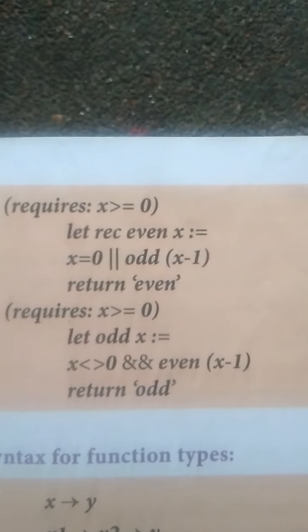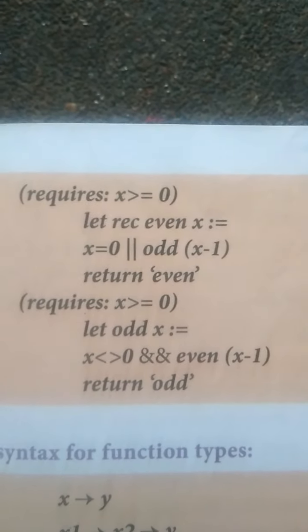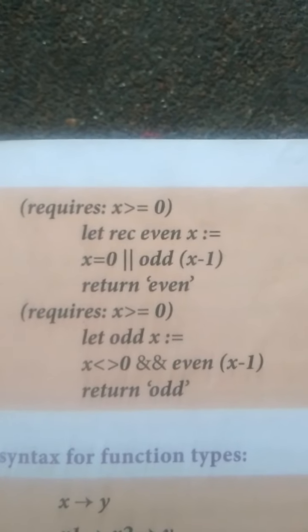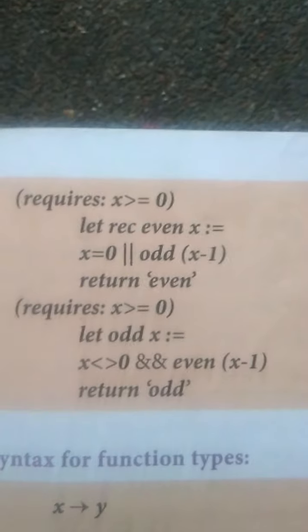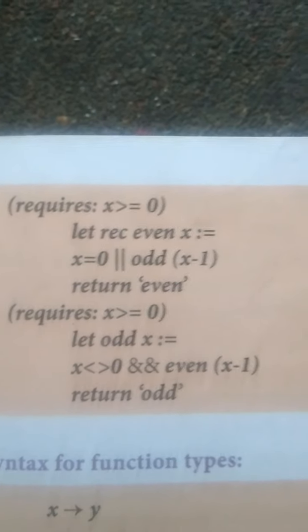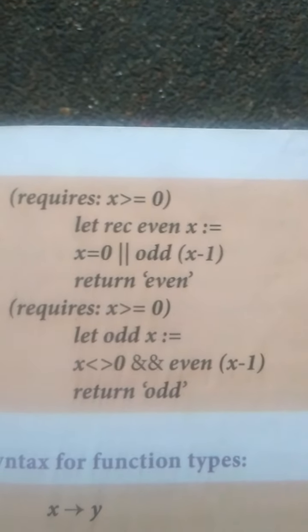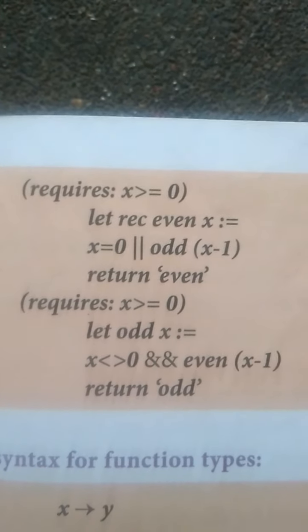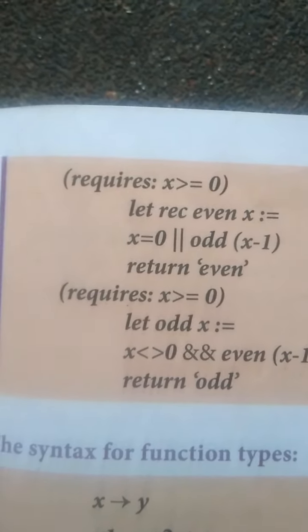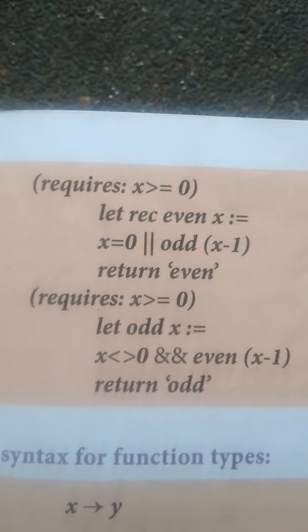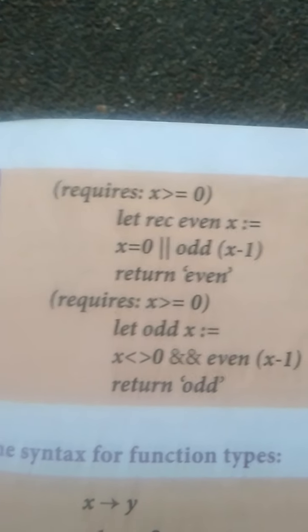We are having a function requires. What do I need to require? I need x greater than or equal to 0. I need to check that first. On that, even x is my function name. On that, x is equal to 0 or odd x minus 1. Return even. X equal to 0 means it is an even number, and it checks odd x minus 1.